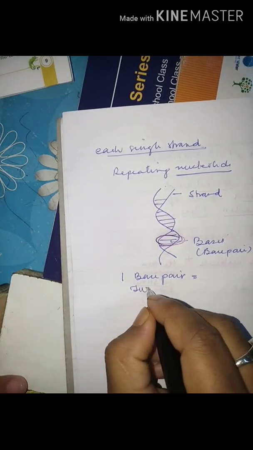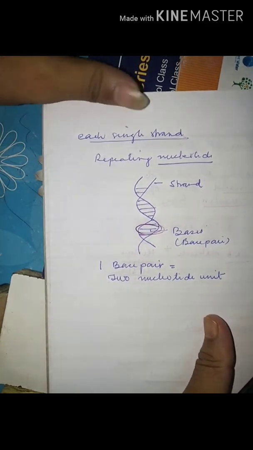Just consider a single base pair. A single base pair consists of two nucleotide units.